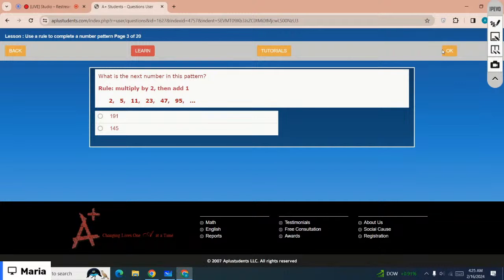So which is the correct option? 95 times 2 is 190, right? You need to add 1 to 190, so that would be 191. Yes, that is 191.